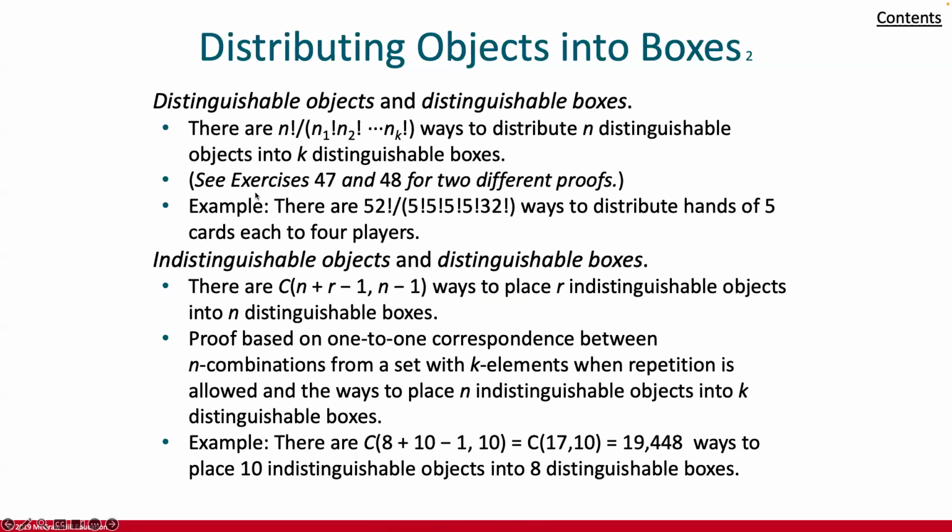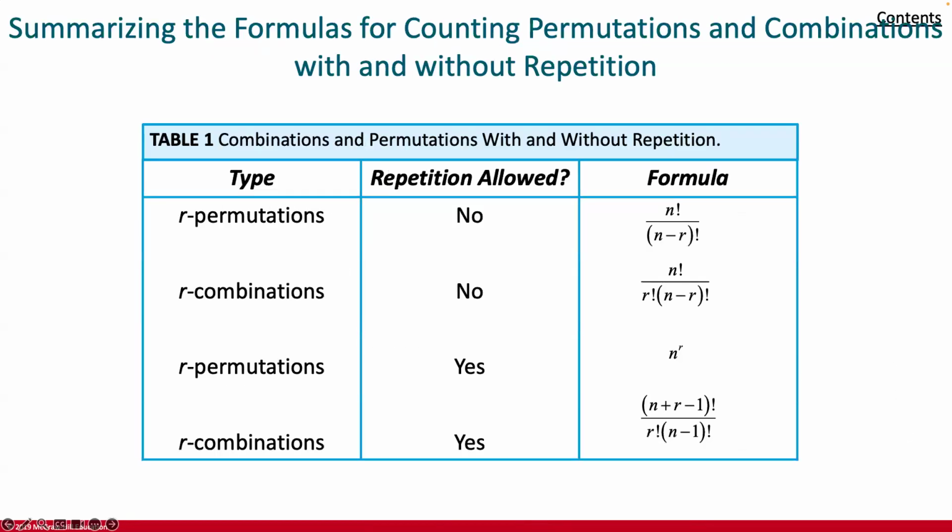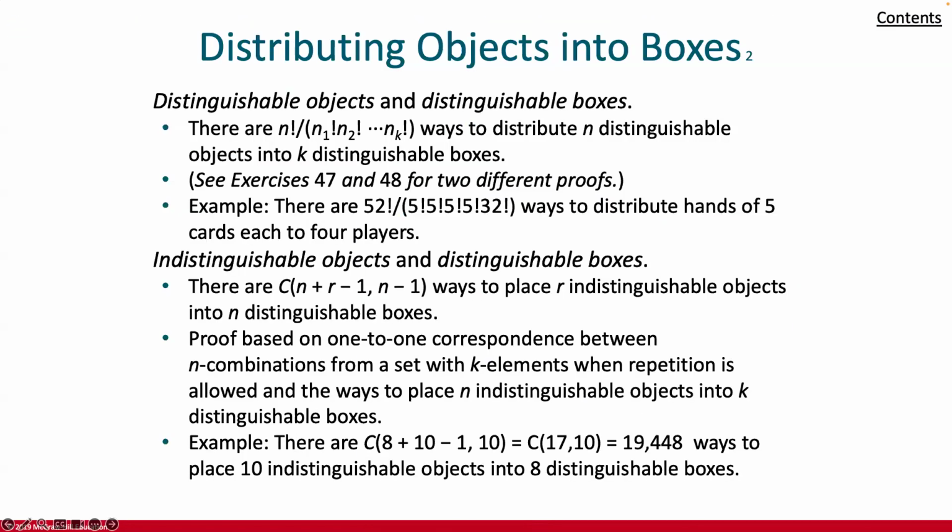We can also see some exercises in Rosen that play that out. An example there uses this equation for the ways to distribute a hand of 5 cards to 4 players, and we're using that equation to figure that out. This is, I believe, something that we've already covered, and that's for distinguishable objects.